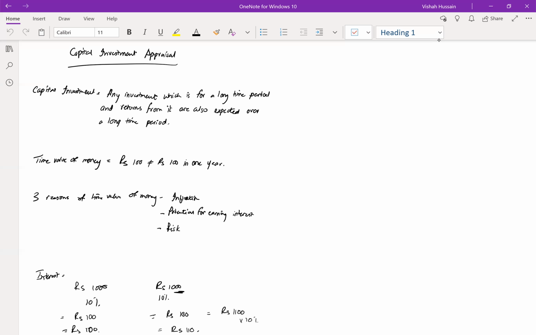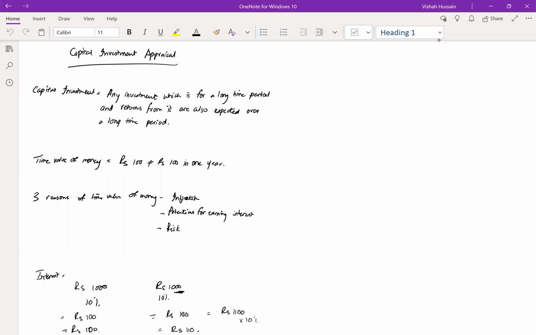Okay. Time value of money means that if today you hold a particular amount of money, and you hold that same money after a year, they are not going to buy the same amount of goods. Why? Because as time passes by, the value of money falls.